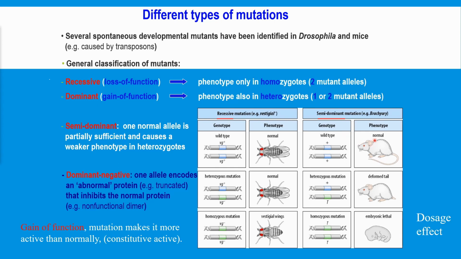We see the normal mouse here with the long tail. It has two wild type copies of the brachyury gene. In the heterozygous mutation, indicated by T here as a brachyury mutation, the animal has a shorter tail.